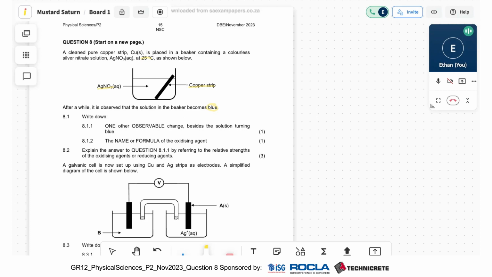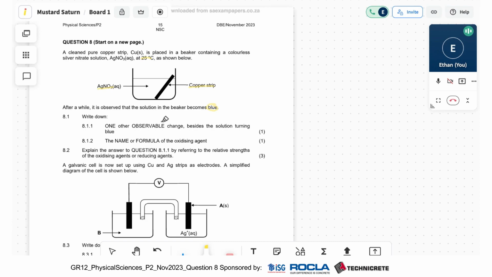That's one observation. The other is because this is sort of like a displacement reaction. We're basically booting silver out, and it should form silver solid. So we should get some silver solid forming, maybe as little particles, perhaps collecting on the copper strip or just floating suspended in solution.